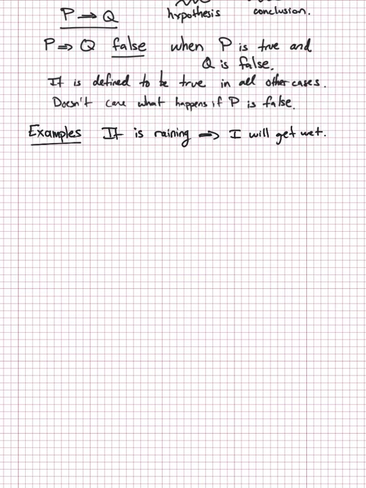So let me give you my favorite example, I guess. I don't know why it's my favorite, but if I smoke, then I will look cool. Okay, and we're just going to play around with negating this and coming up with some equivalent statements.